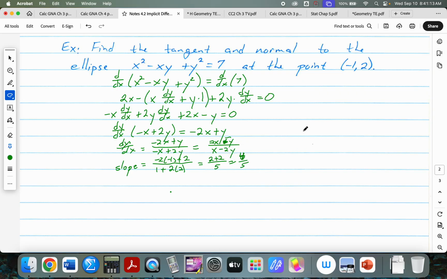So for the tangent, we have y is equal to 2 plus 4/5 times x minus negative 1, which will be x plus 1. And then for the normal, we have y is equal to 2 minus 5/4 times x plus 1.